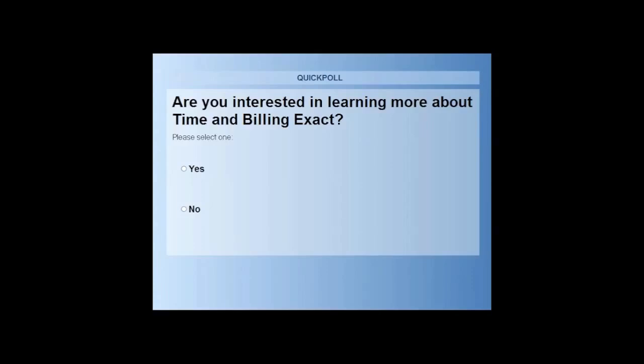So you are entitled to receive TBX software at no charge if you are current with Time and Billing Professional or Timekeeper maintenance. And with TBX, you will receive 50 device licenses at no additional charge. And that's 50.